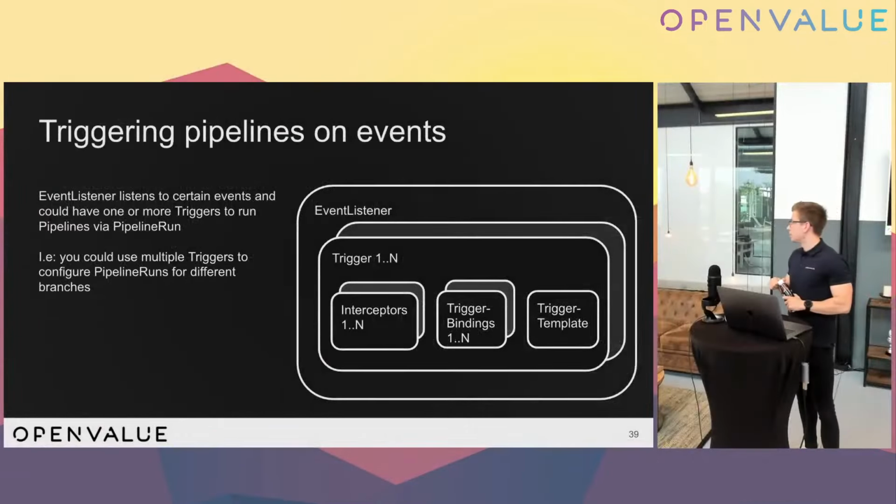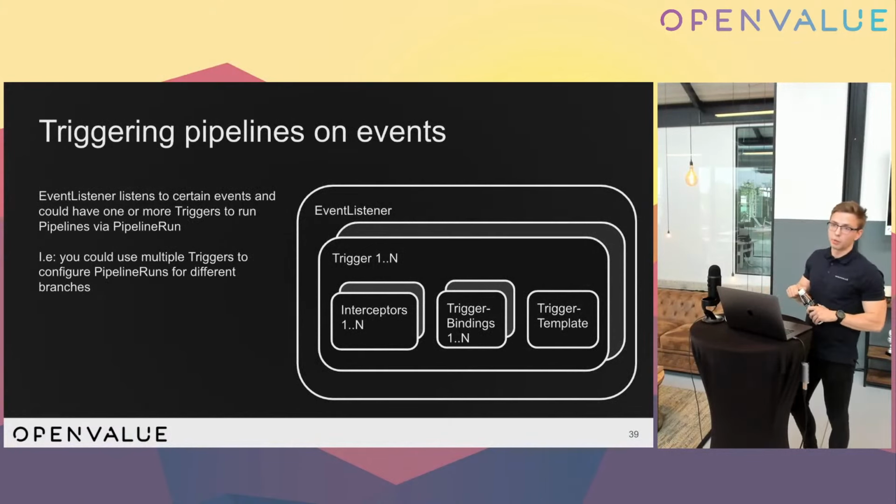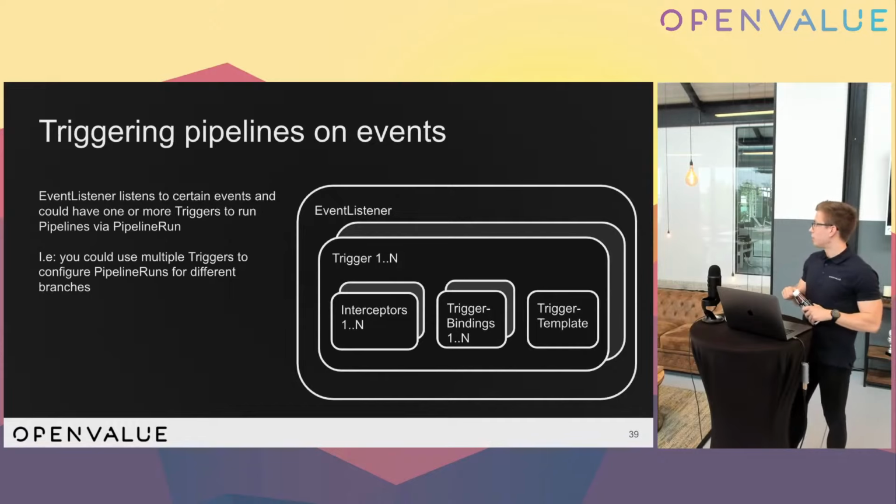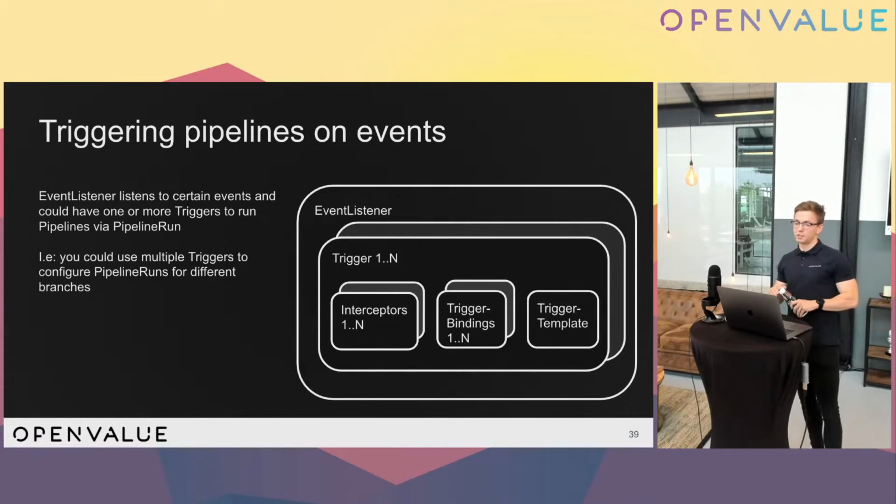So then we have defined a pipeline. We don't want to trigger the pipeline manually every time by hand or by running a CLI script. We want to do it automatically. That's what you would usually do. For example, if you commit to a certain branch, it will trigger a pipeline for you.